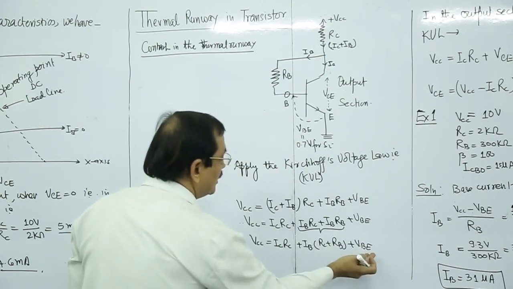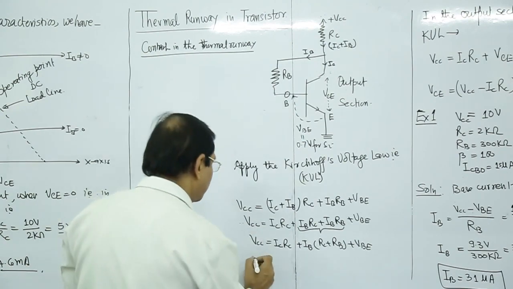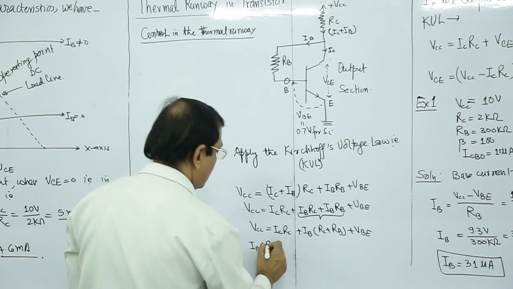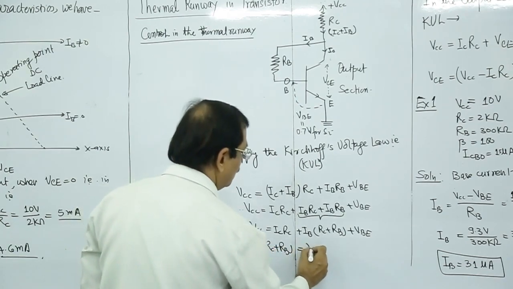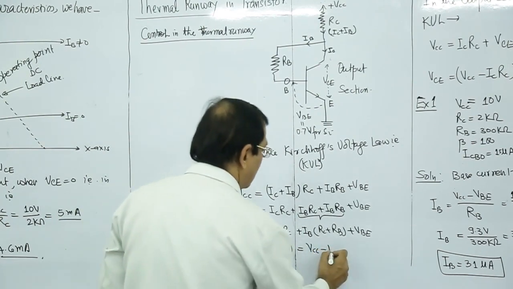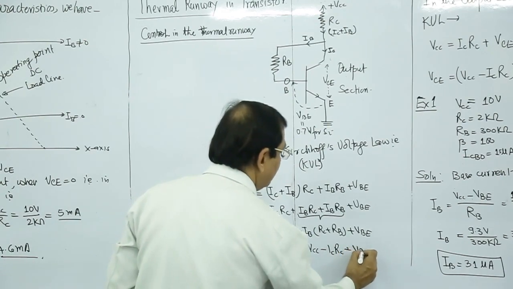So if we transfer this term to the left hand side, then we have IB (RC plus RB) is equal to VCC minus ICRC minus VBE.